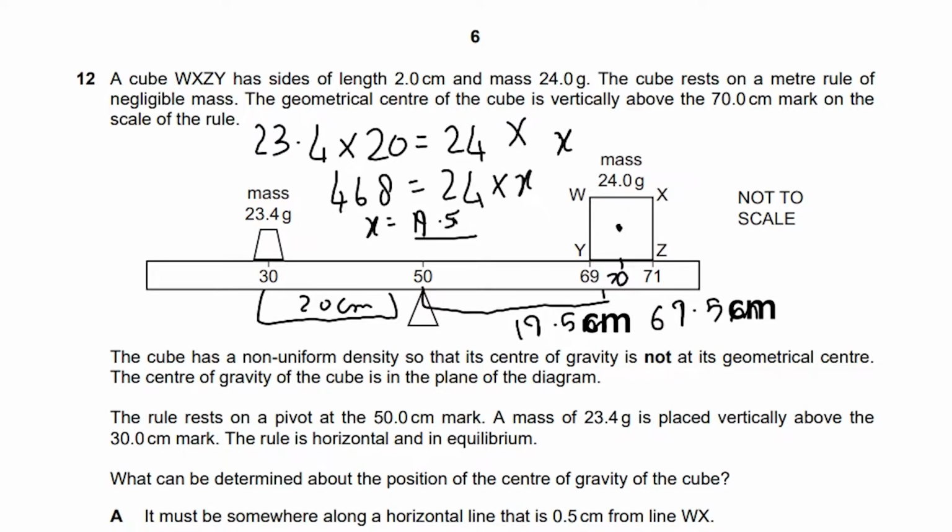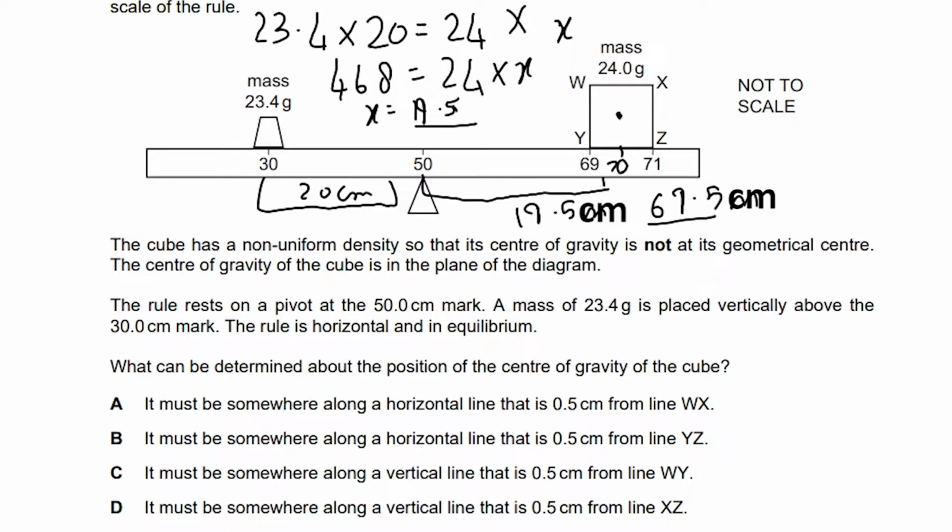We obviously don't know exactly where it is because the cube has a non-uniform density, but it must be somewhere along a vertical line that is 0.5 centimeter from the line WY. We just found that out.